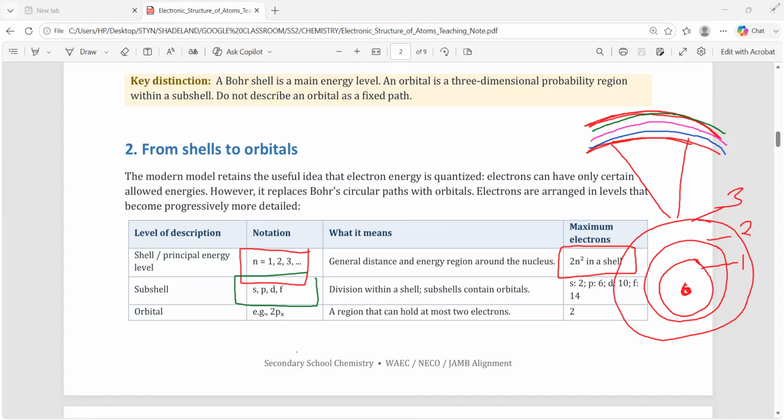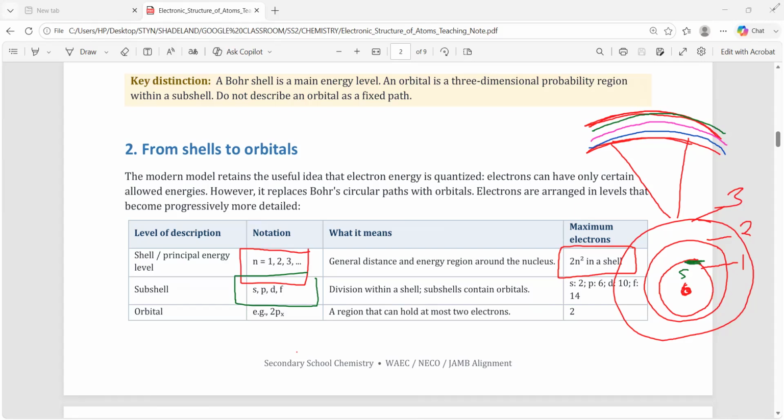We have S, we have P, we have D, and we have F. Now, that doesn't mean that every shell has S, P, D, and F. For instance, this shell 1 has only S. It does not have P, it does not have D, it does not have F.